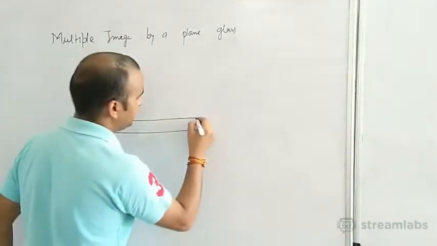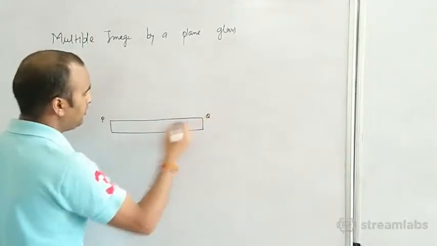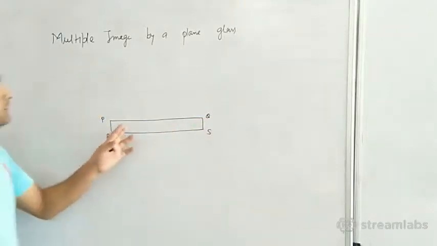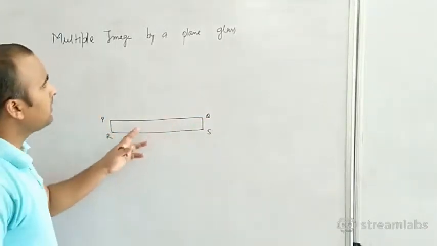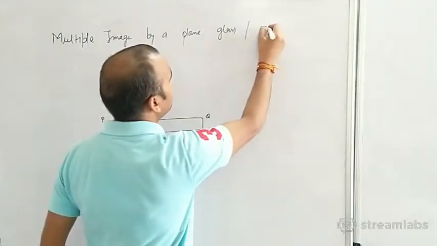Suppose this is a plane glass PQRS. This is a type of mirror, or we can say a plane mirror, plane glass or mirror.